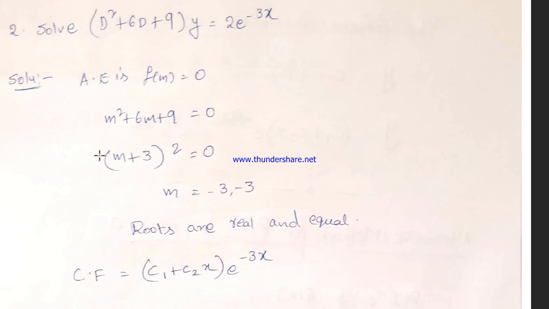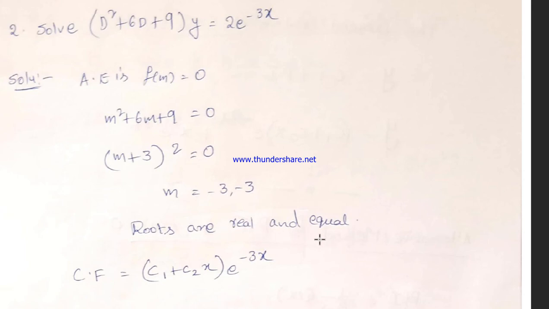So it is in the form of m square plus 2 into 3 into m plus 3 square, means a square plus 2ab plus b square form. So I directly write a plus b whole square, that is m plus 3 whole square equal to 0. So we get the roots m is equal to minus 3 comma minus 3.